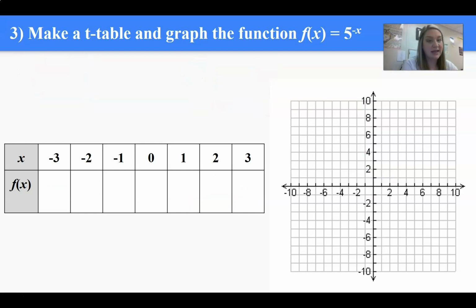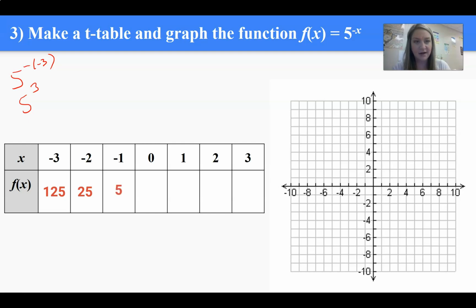All right, let's explore what happens when my exponent is negative. So I have 5 raised to the negative x. Now my x is negative 3. So 5 raised to the negative 3 means 5 to the power of 3 in the denominator, which is 125 when flipped. 5 to the negative 2 is 25. 5 to the negative 1 is 5 to the first. 5 to the 0 is still just 1.